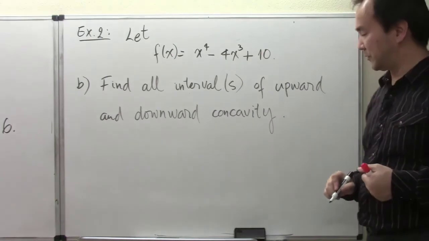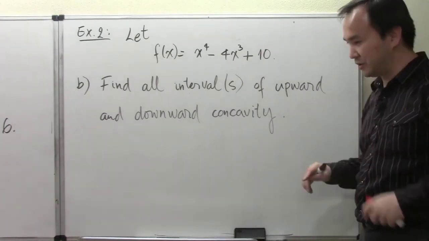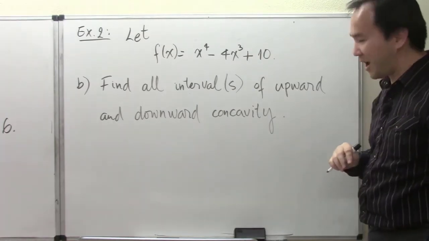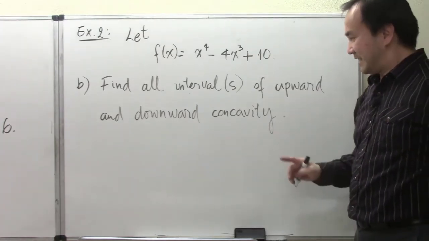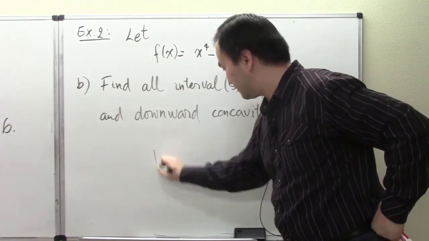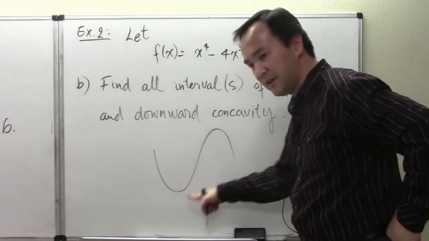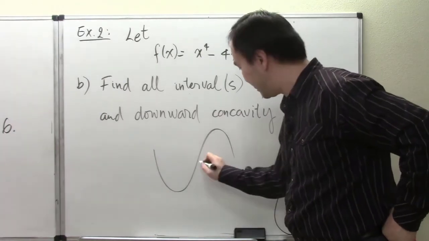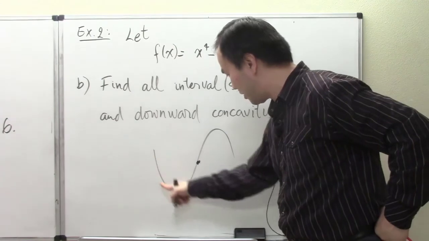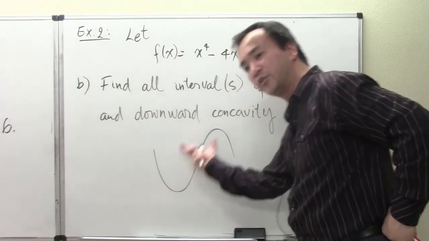As far as concavity, there are always two different kinds. Either you have a cup that's holding water, or you have a cup that's spilling water down. And we want to find that. Recall from what I explained earlier, in a curve with this bent shape there has to be an inflection point somewhere, because that inflection point is where we switch from one concavity to another.